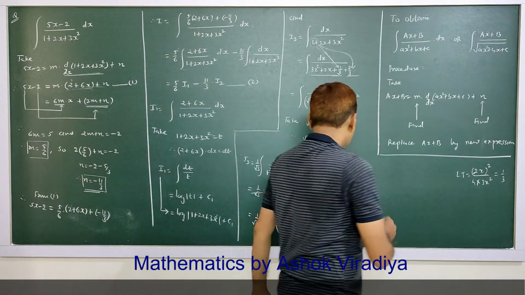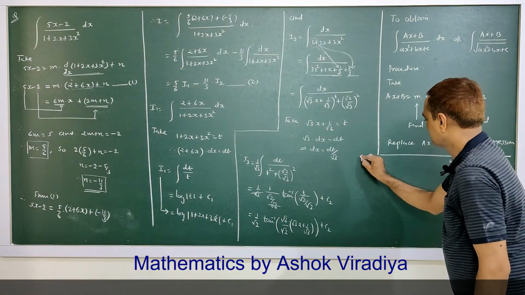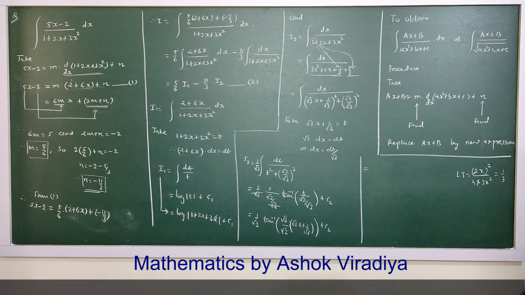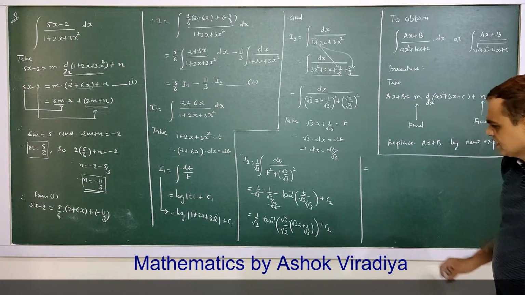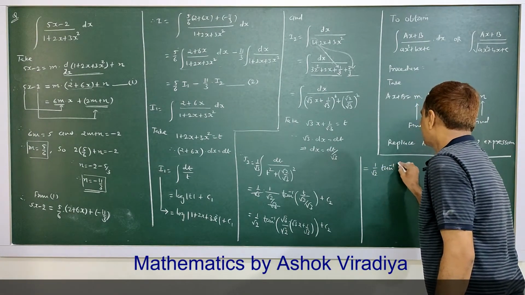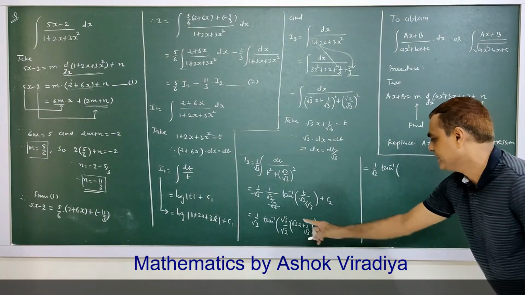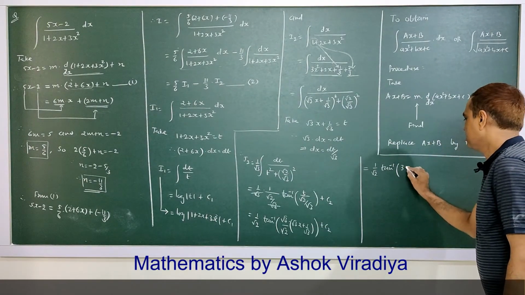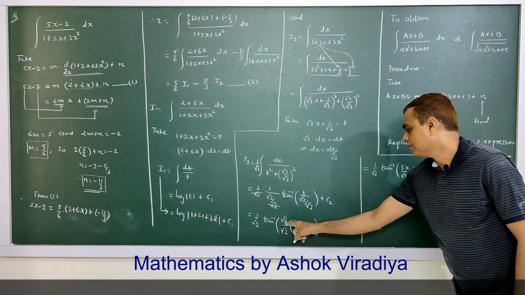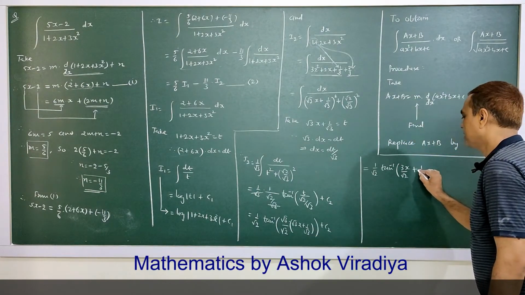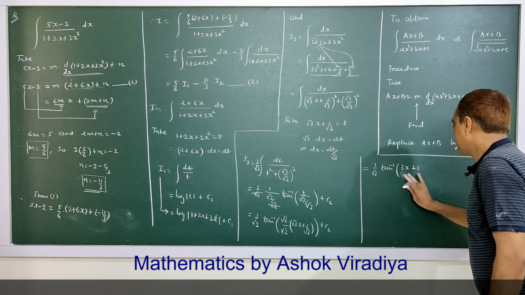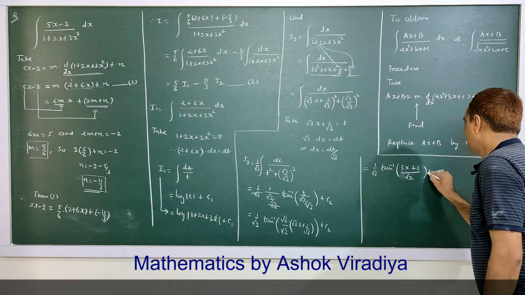So that is equal to 1 by root 2 tan inverse, root 3 into root 3 is 3x by root 2 plus 1 by root 2. So that is 3x plus 1 by root 2 plus c2.